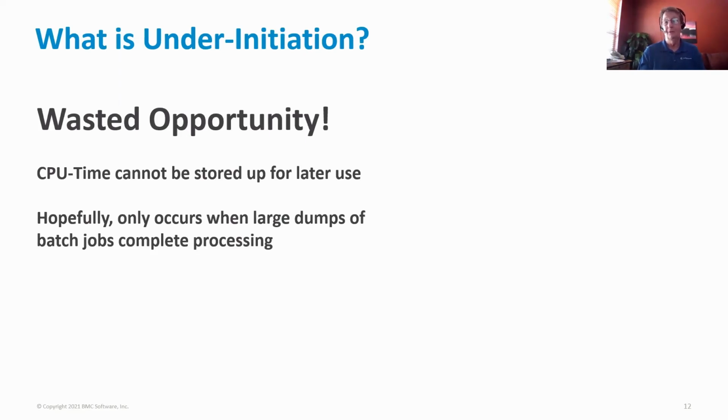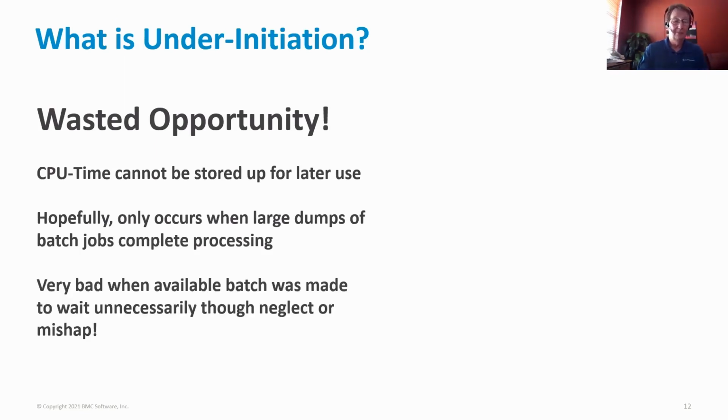And then there's no more work. There's a famine of work. And then boom, it happens again at some other hour. When you're stuffed full for endless hours at a month end, it's very bad when there's batch available to run and it's not being run due to some neglect or mishap or misunderstanding.